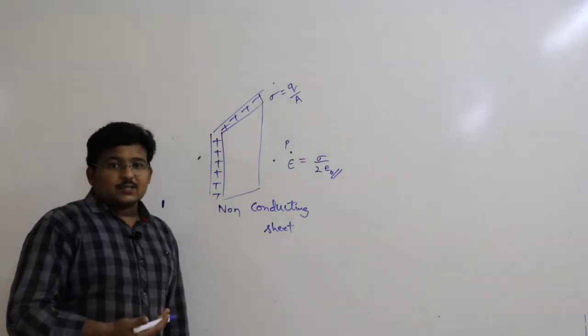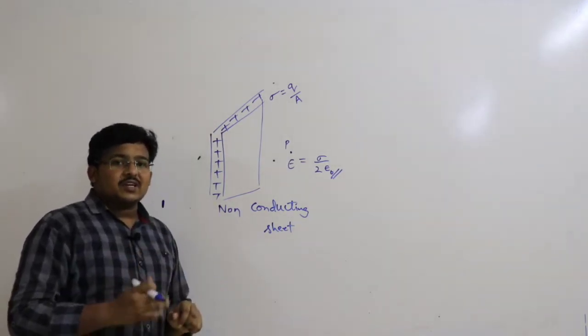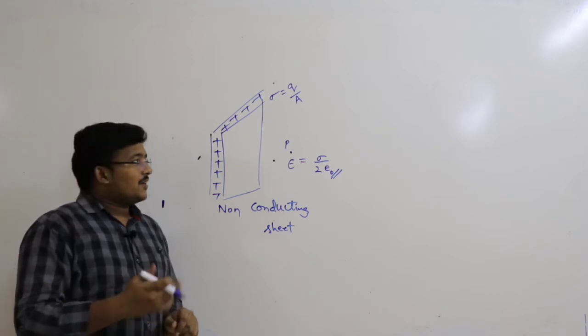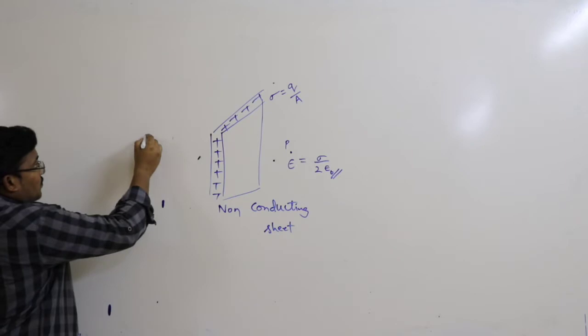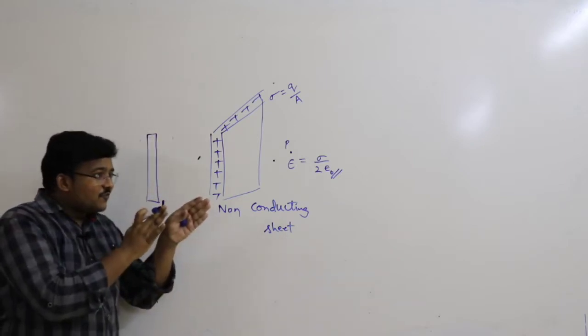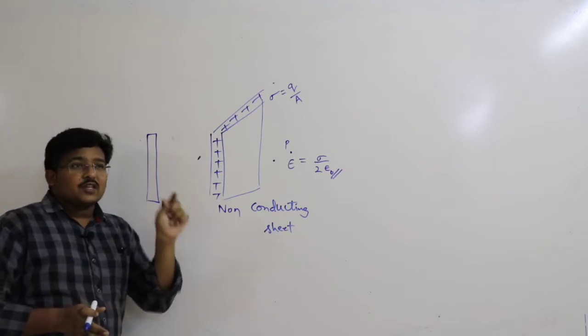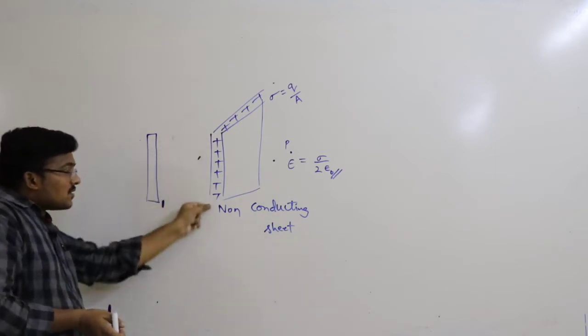In textbooks, drawing the sheet every time is very difficult, so they will just give it like this. It means that it is the side view of the sheet. So when we see from this side, you can say only this, right.